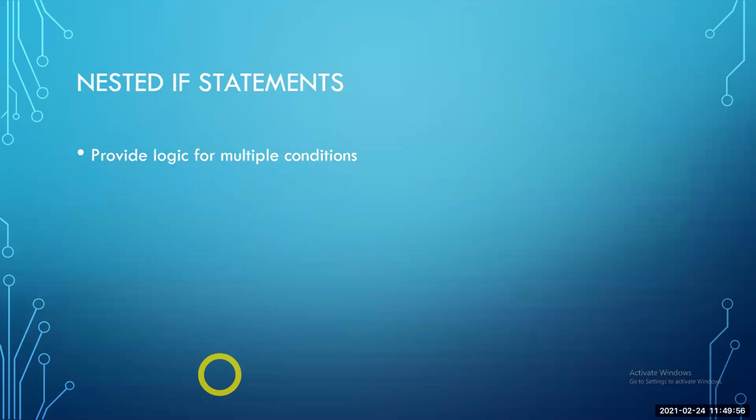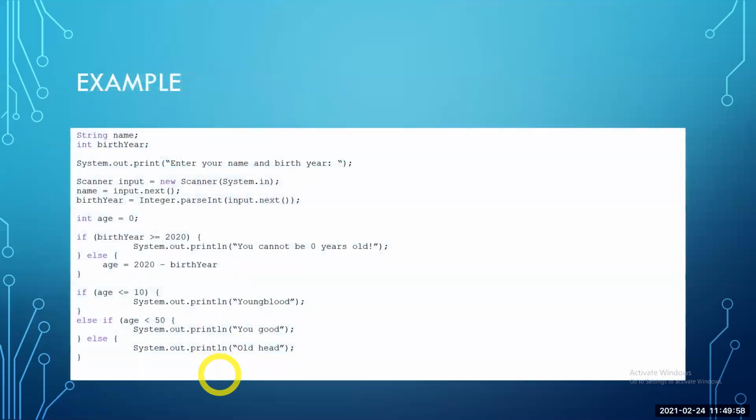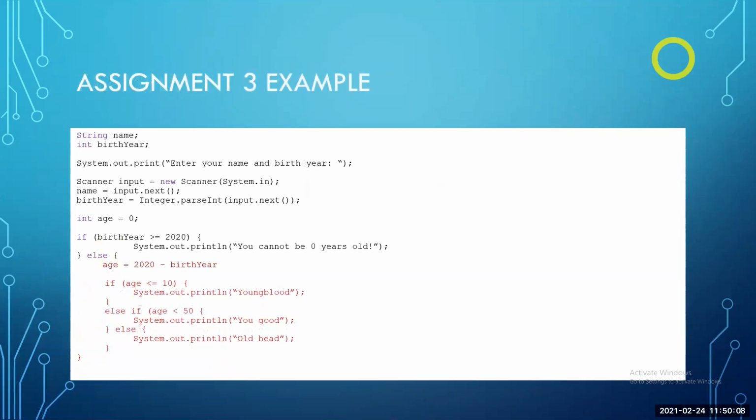So we can use a nested if, basically put an if statement inside an if statement. So what I'm doing is I take all of this, put it inside this else. That way, we know for a fact if the birth year is greater than or equal to 2020, they're 0 years old. Program ends.